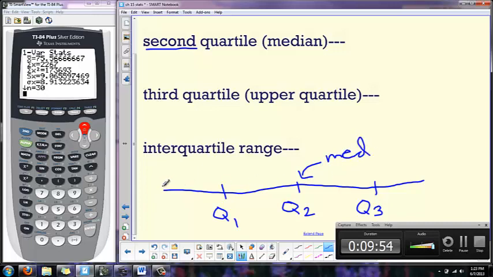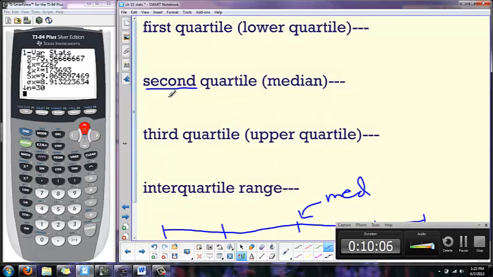So if I listed out all of my data points in numerical order from here to here, whatever they are, this Q2 is the median. It's the middle. And that means that 50% of the information that we have is above it. So 50% lies above the median. And 50% of all the data that we have lies below the median.